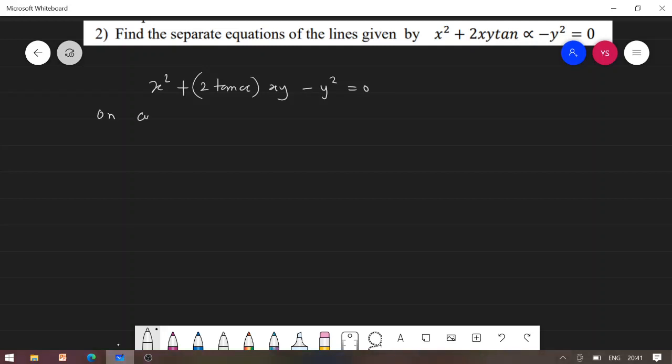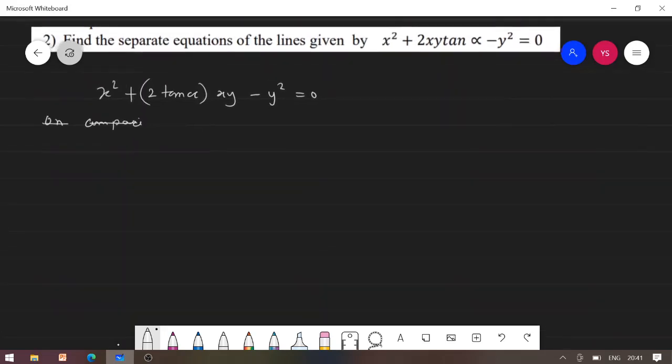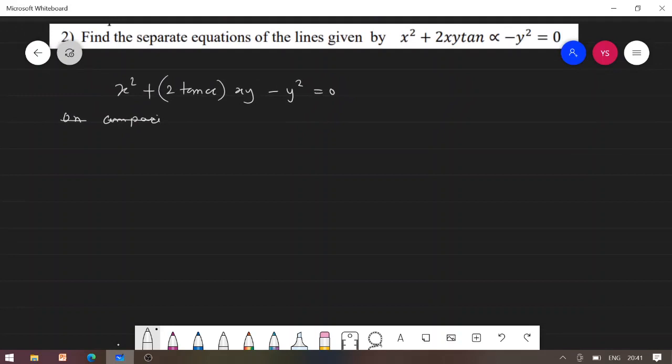No need to compare; we directly find the auxiliary equation, because we have to find the separate equations. So the auxiliary equation for the combined equation x squared plus 2 tan alpha xy minus y squared equals 0: divide throughout by x squared and replace y by x with m. After solving, we get m squared minus 2 tan alpha m minus 1 equals 0.